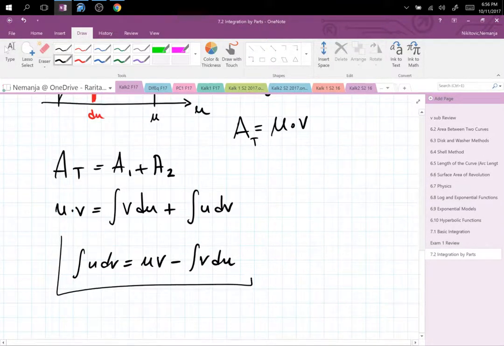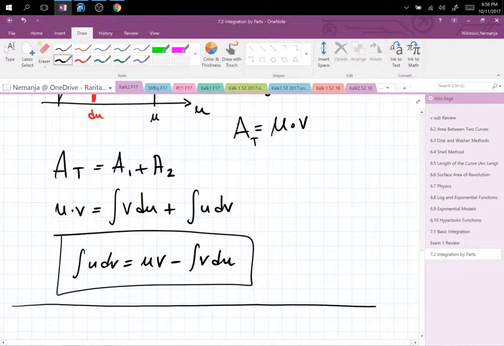You get integration by parts. So you are going to memorize this formula, and then by practicing problems you will develop the sense of when you get to use this one.